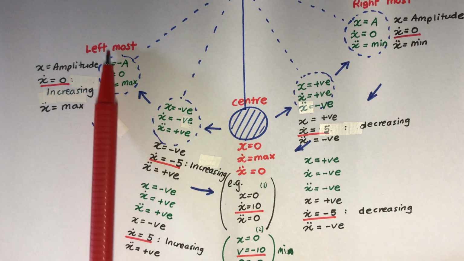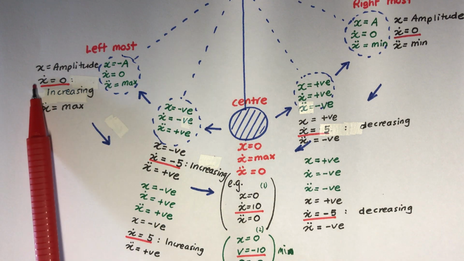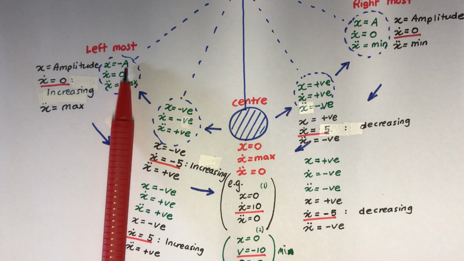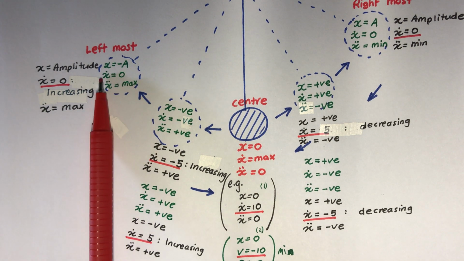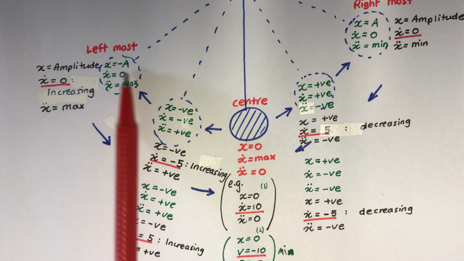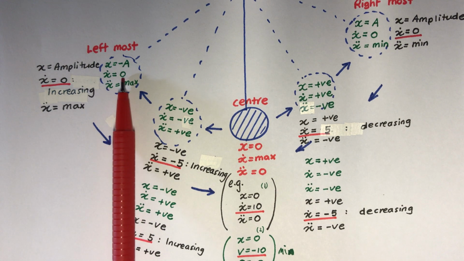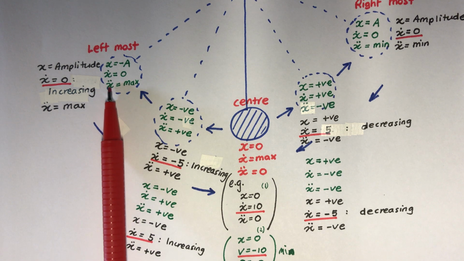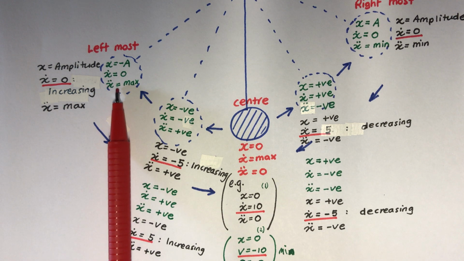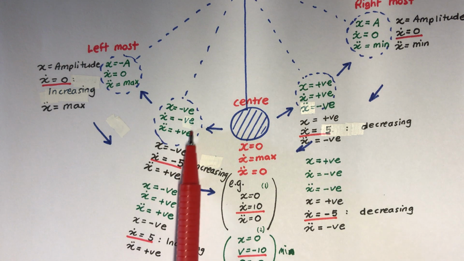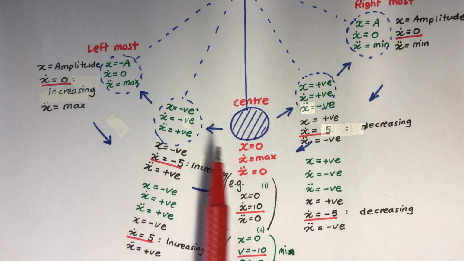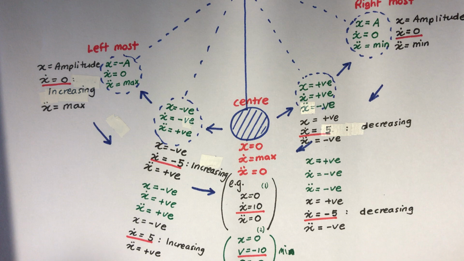And then you go to hit the maximum on the left, which will be your negative amplitude, and because it hit the lowest point, your velocity is 0. And then what happens with acceleration? It becomes a max, because as you can see, it's been increasing, right?